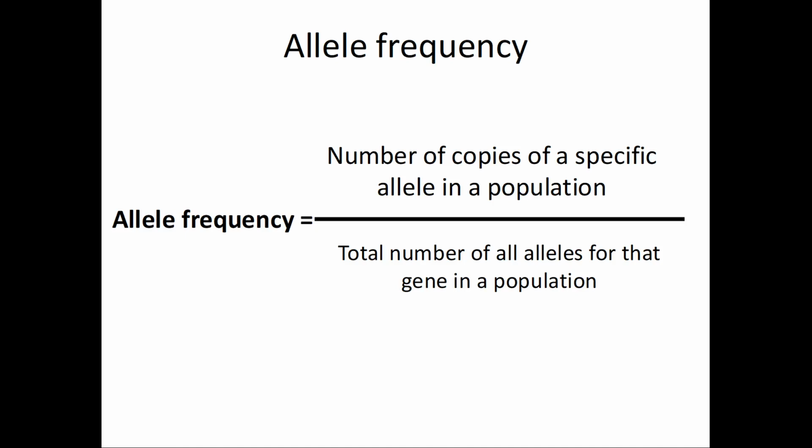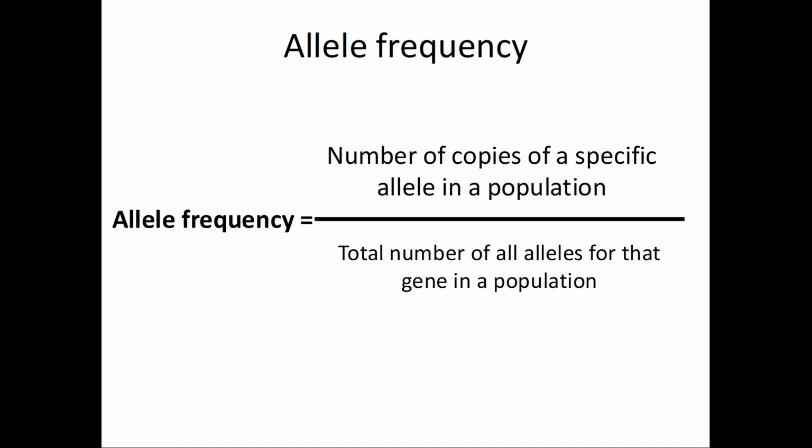We'll talk about allele frequency, or you see it in the chapter mentioning allele frequency. We calculate allele frequency with this equation. It is the number of copies of a specific allele in a population over the total number of all alleles for that gene in a population.